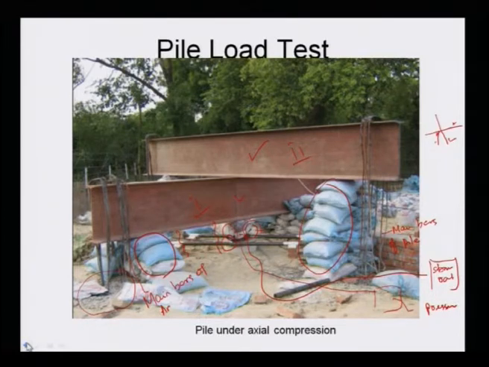So this girder will go up and it will rest against these pile head anchors. Each action has an equal and opposite reaction, as I said. Once it rests against the pile anchor, it will apply load indirectly downward, so the pile will settle downward.